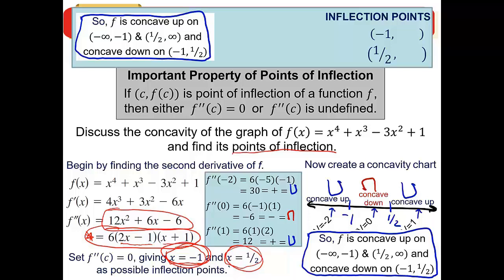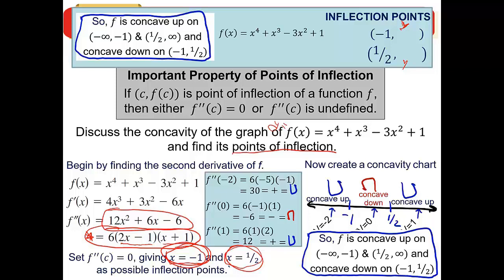Now this is an issue that causes students trouble too. Whenever you're choosing y values, remember these are y values that you're trying to calculate here. You go back to the original function. The original function is y. f of x and y are the same thing. So you go back to the original function when you're calculating y values, not to the first derivative, not to the second derivative.